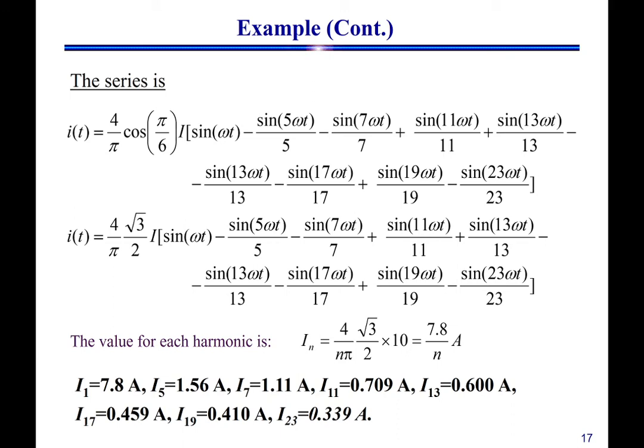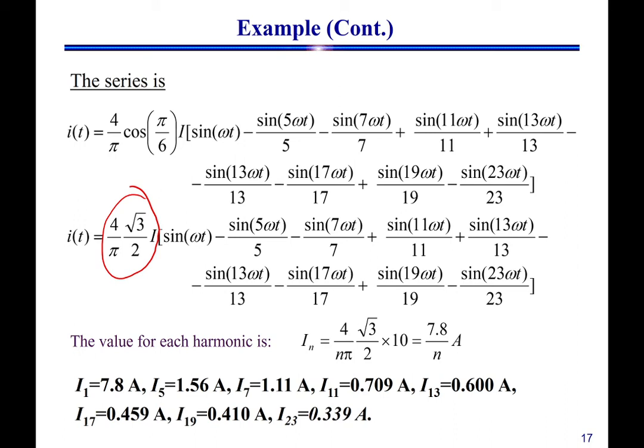Therefore, if we would like to find the magnitude of the waveform, this will be the magnitude, 4 root 3 over n pi, and it can be written as 7.8 divided by n.